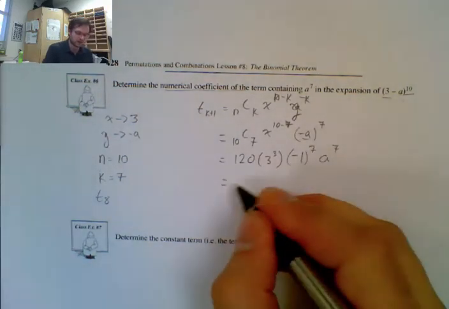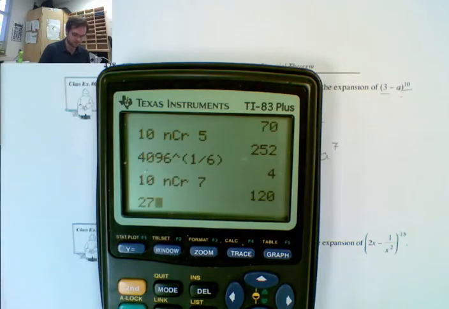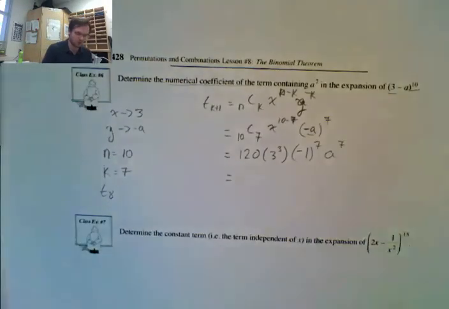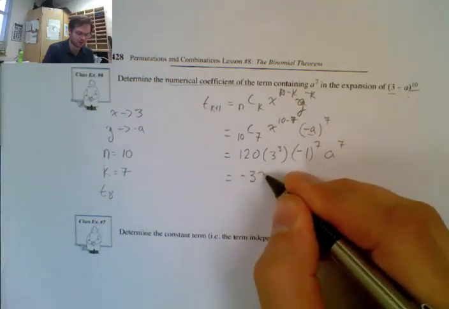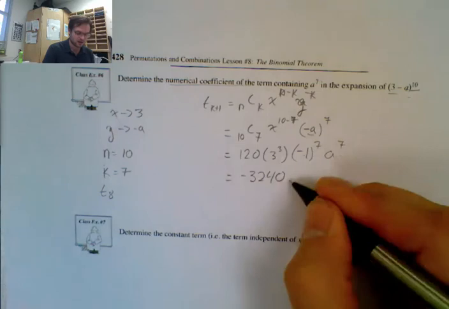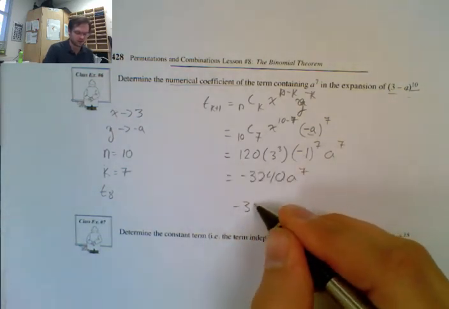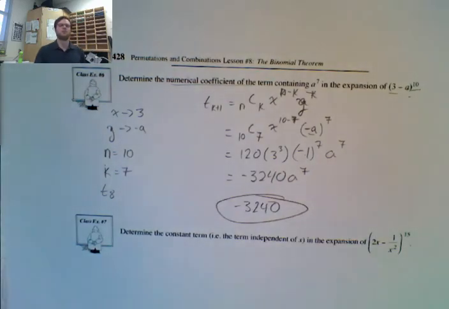So now we get 27 multiplied by 120 gives me 3,240, and we have multiplied by negative 1, so it's negative 3,240 a to the 7. So my coefficient is negative 3,240.